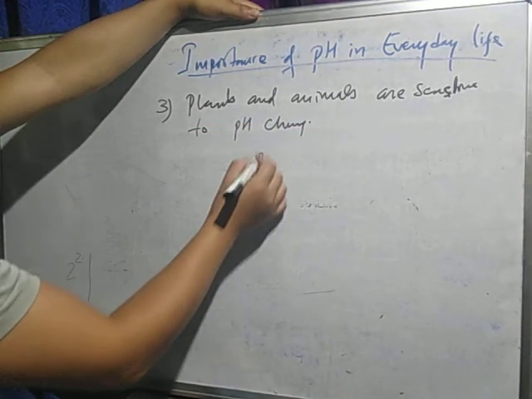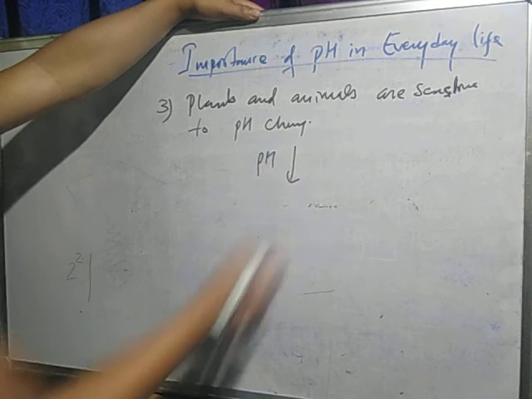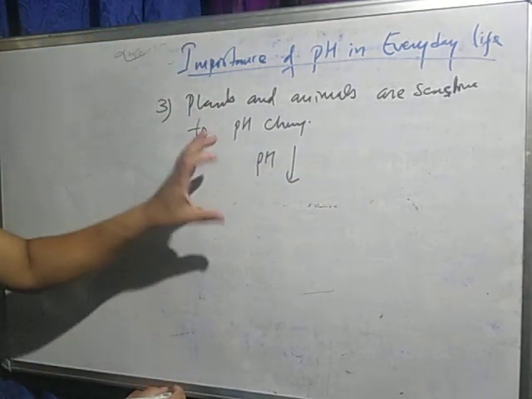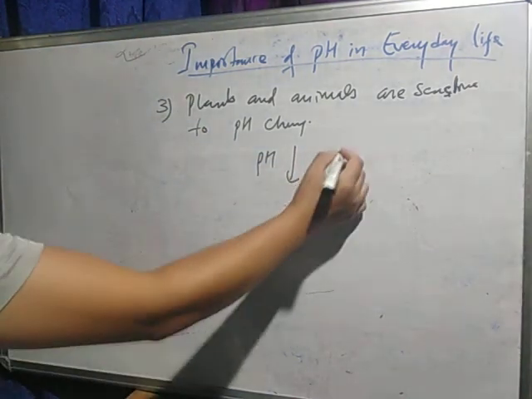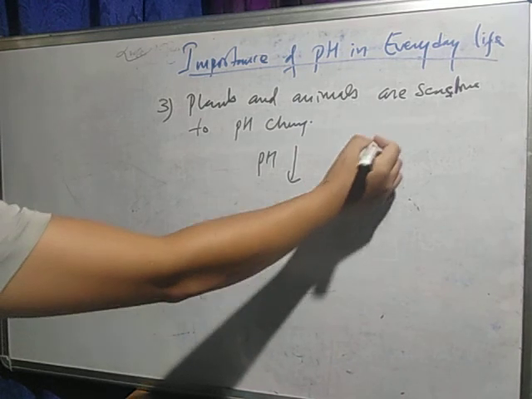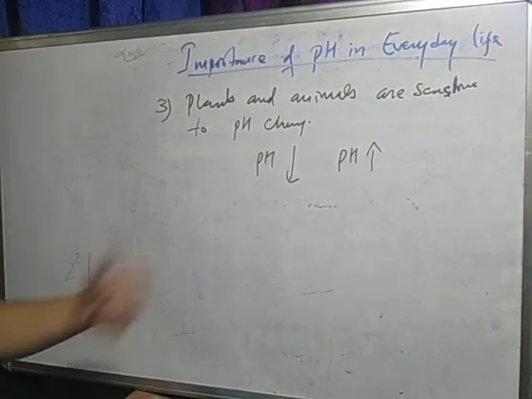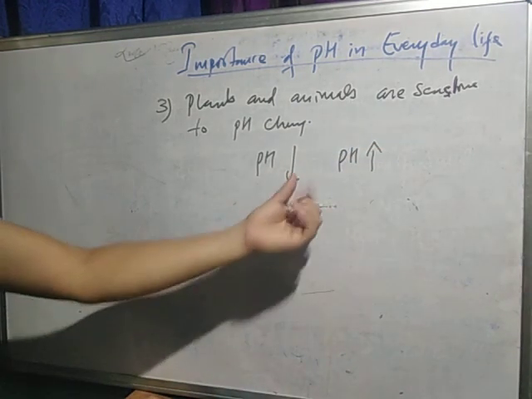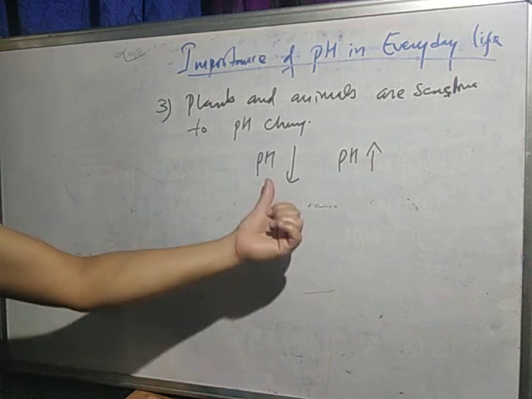So if pH is down, then the environment is acidic, isn't it? If pH is up, then it is basic. So animals do not survive in this condition. pH down, pH up.